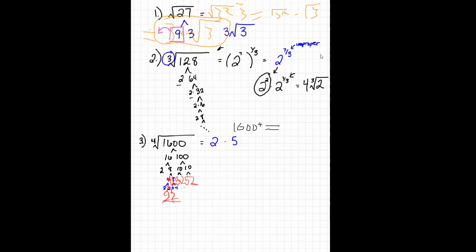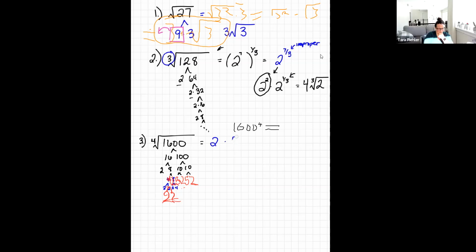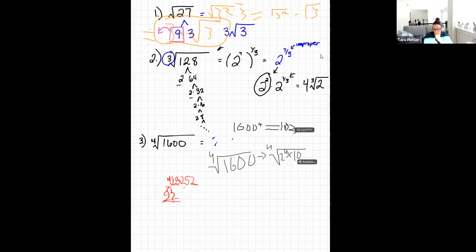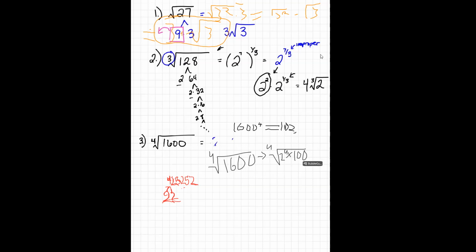What we did, we turned it. I can't draw this from this end. Here, I'm going to erase this. So it was originally 4 right here. So we had 1, 6, 0, 0. And then the first thing we did, we turned it into that.